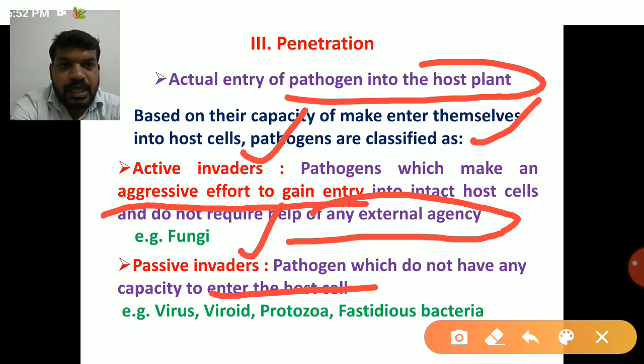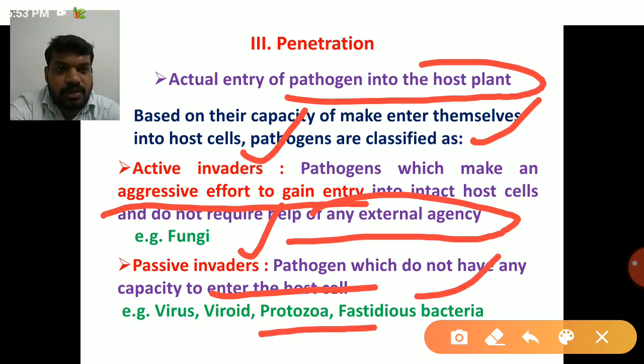So it mainly enters through vectors or external agencies. It requires external agencies like insects, wounds of plants or natural openings of plants. For example, viruses, viroids, protozoa and vascular bacteria are passive invaders.